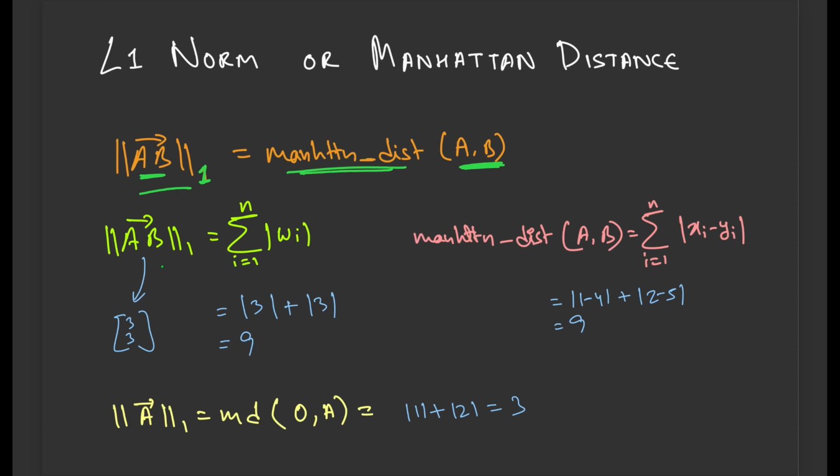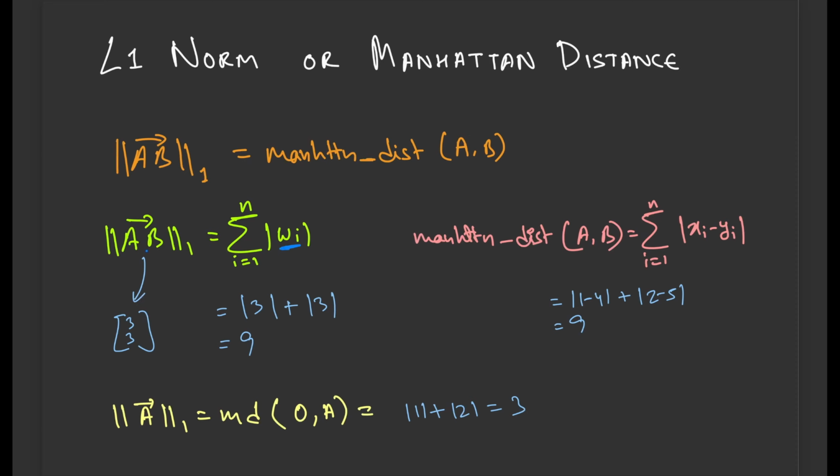So the formula for L1 norm is like this. Basically, we take the summation of the absolute value of each component. Okay, take the absolute value. This is our component, right? W1, W2.